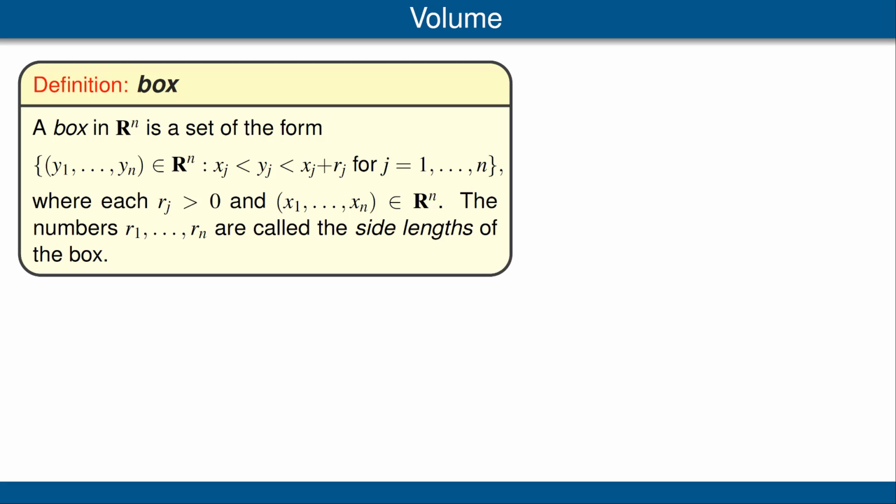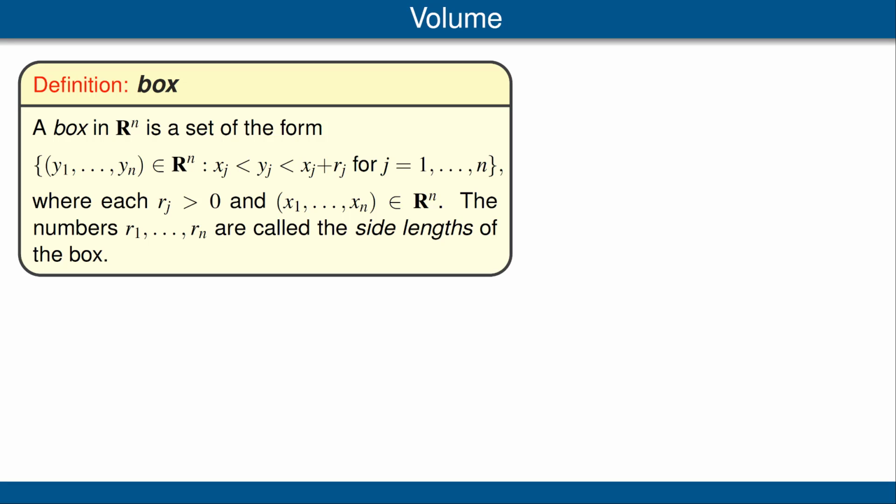Let's try to see what's going on. We have positive numbers r1 up through rn and a point x1 up through xn in Rn. We use these positive numbers and this point x1 up to xn to define the box shown above. To get a feeling for what's going on, first suppose n equals 1.